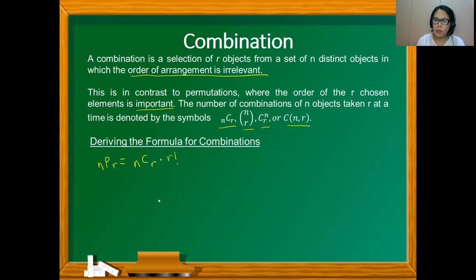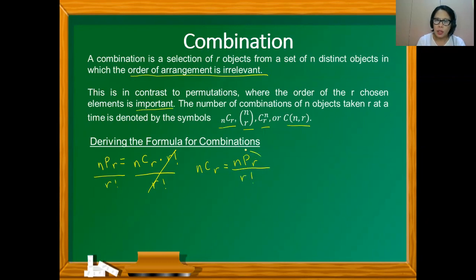So dividing both sides by r factorial, we will yield combination of n taken r equals permutation of n taken r all over r factorial.